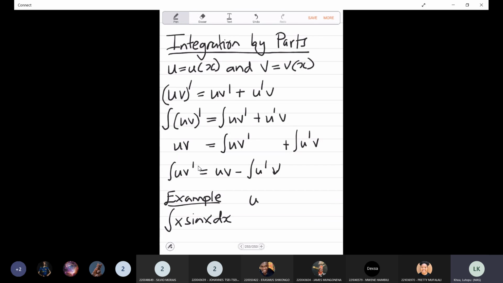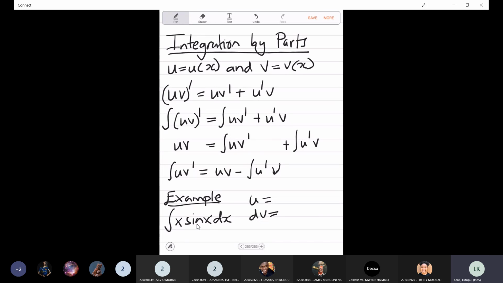So u and dv or v prime, because you want it in this form. One of them is u and one of them is dv. How you pick dv: you must pick dv because you're going to have to integrate dv, so you must pick something that is pretty easy to integrate.